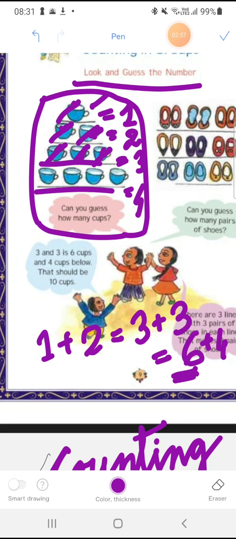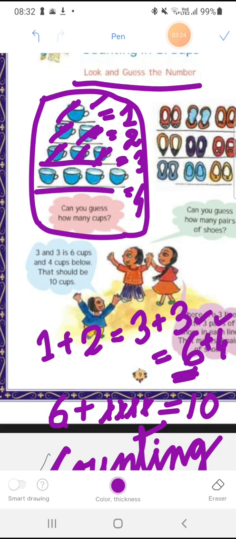If we add 4 with 6, you know in the addition table, or you can count it with 6: 6, 7, 8, 9, 10. So total will be how much? 10.